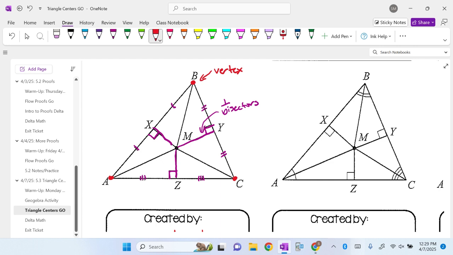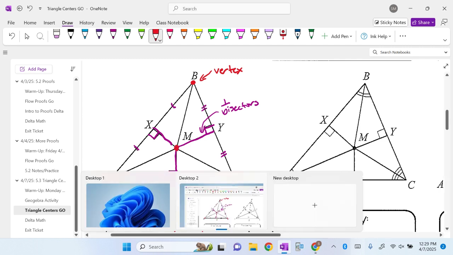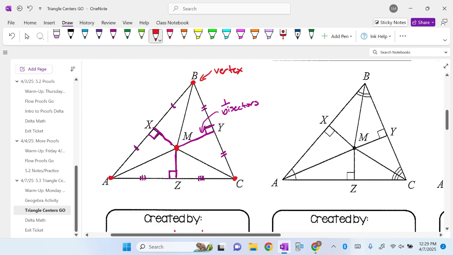That's a vertex. So if the circumcenter is equidistant from the vertices, meaning it's the same distance, then if you drew a line directly to the vertex from the circumcenter, they would be completely congruent. They're the exact same length.